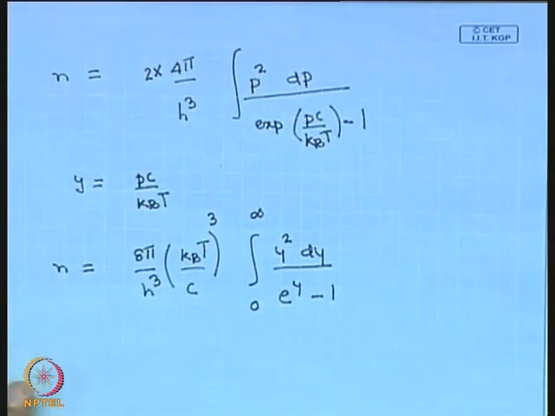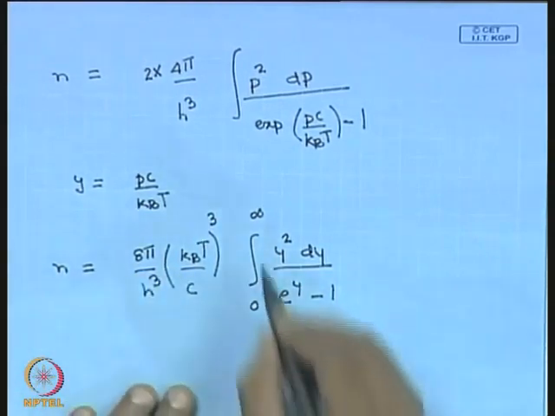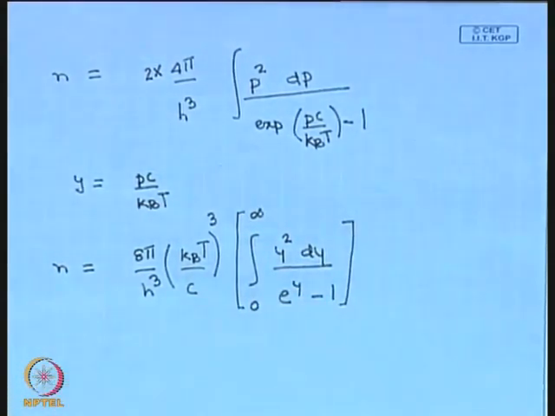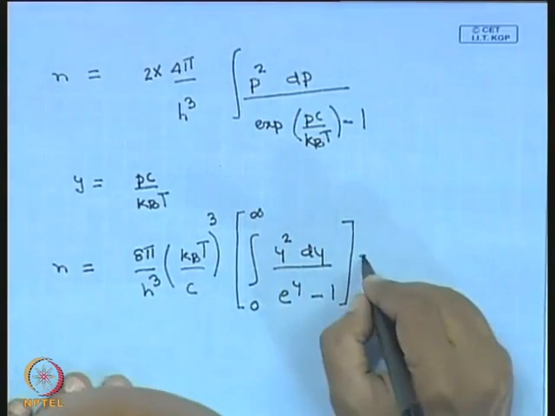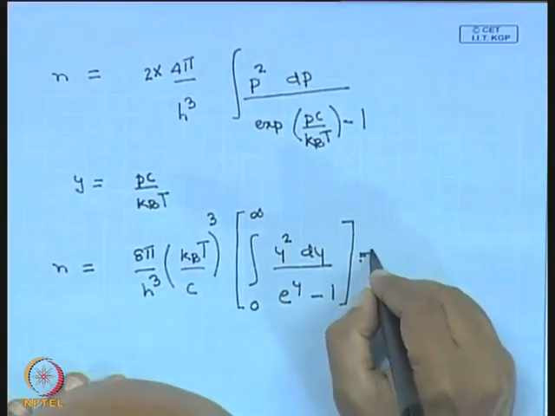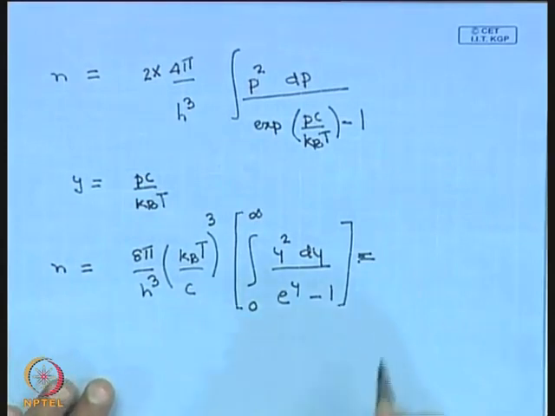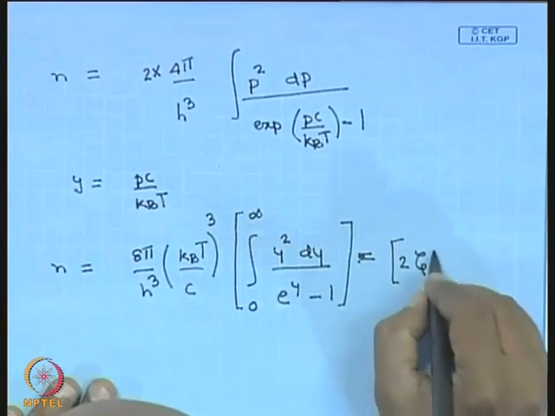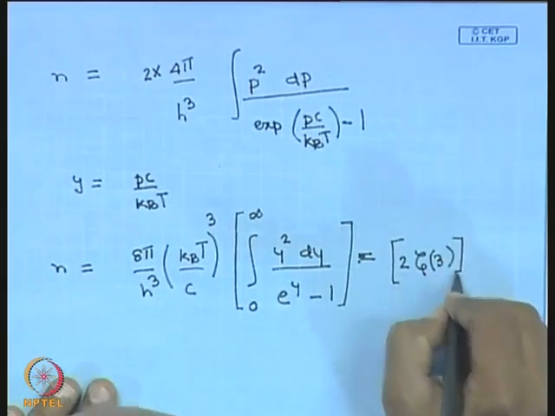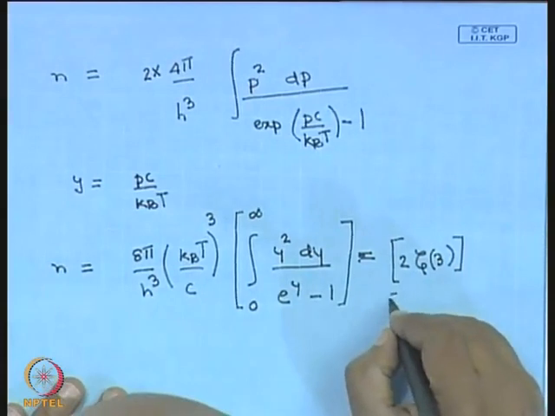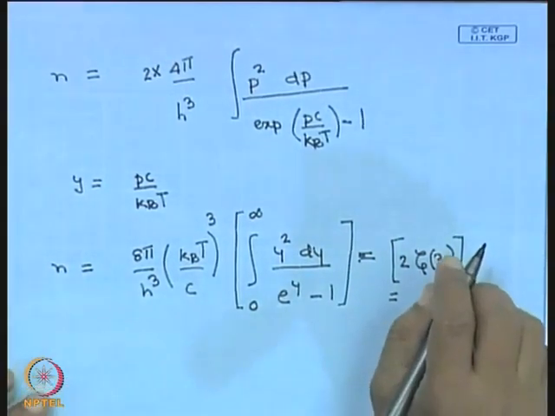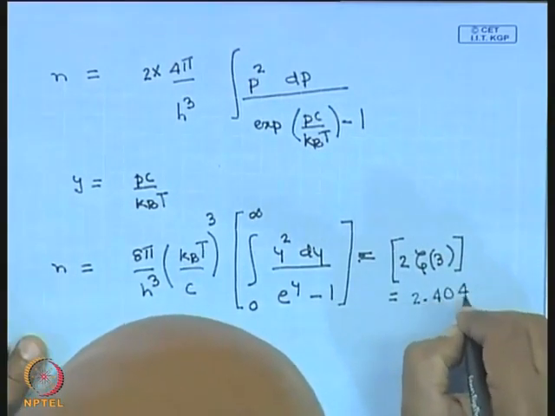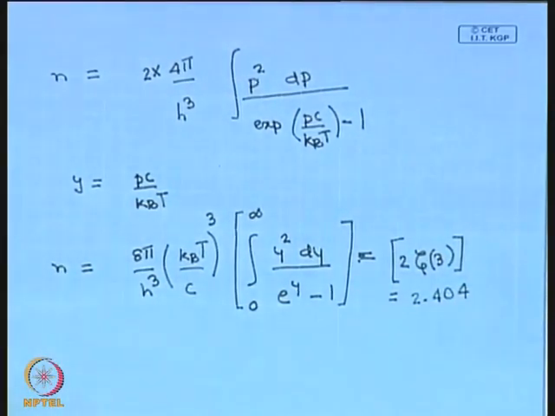Okay. So this gives me this quantity in the square brackets over here. So the quantity in the square brackets only, okay. So this is equal to twice the Riemann zeta function evaluated at 3, which is known to have a value 2.404. Okay.